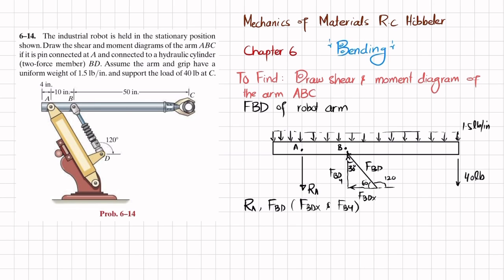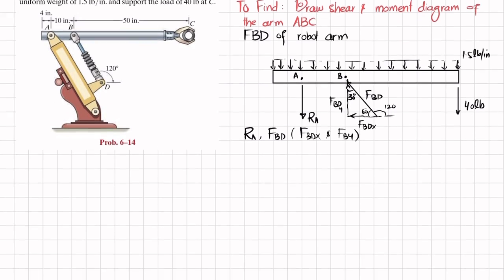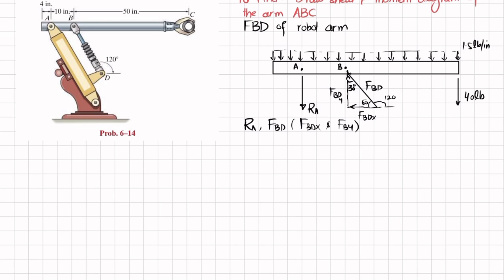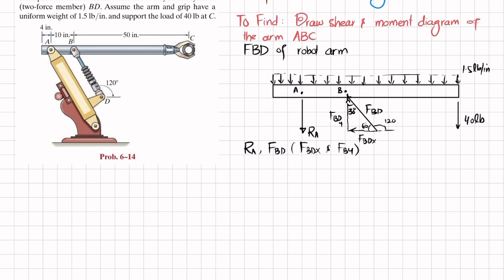And then we will draw the shear force and bending moment diagram. For that you can see the lengths are mentioned over here. From this point till point A is 4 inch. From A to B the length is 10 inch. And from B till the end we have a length of 50 inch.